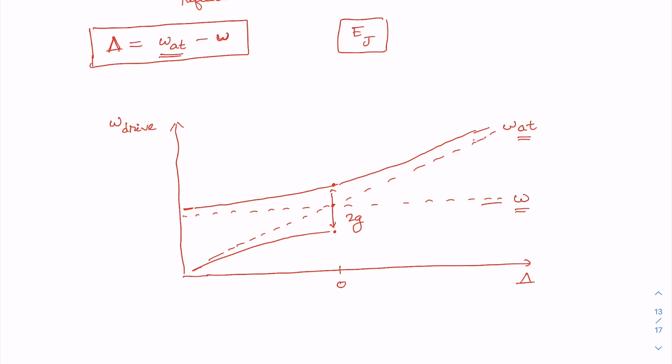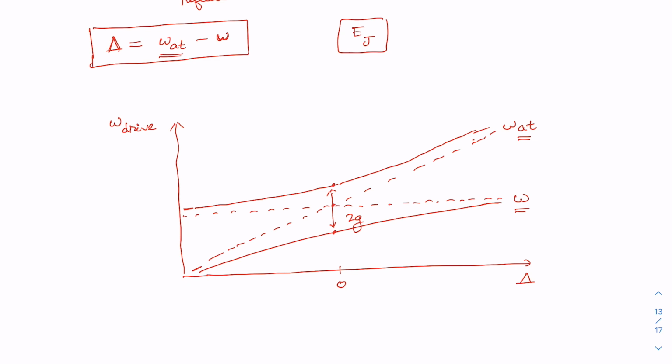Let me draw it properly. So what we encounter is called atomic avoided crossing, and this we already discussed in great detail in module 1. As you see, in the context of the Jaynes-Cummings model, this is observed in the Yale group's experiment. They have experimentally demonstrated this kind of behavior.